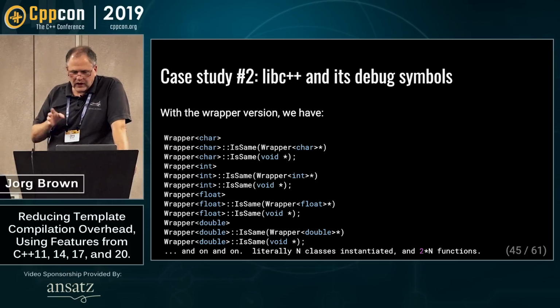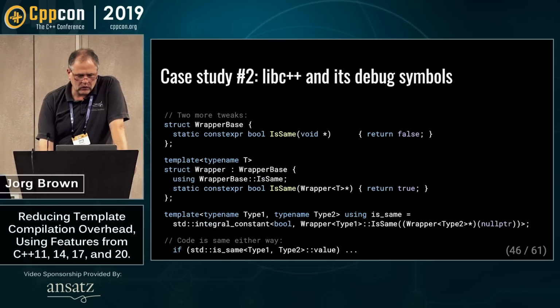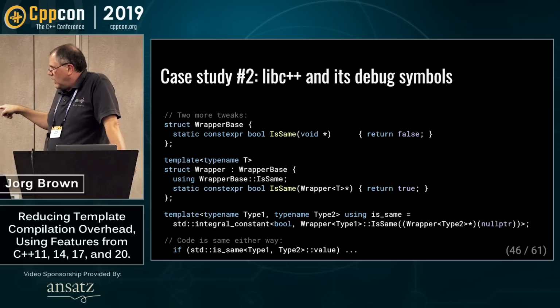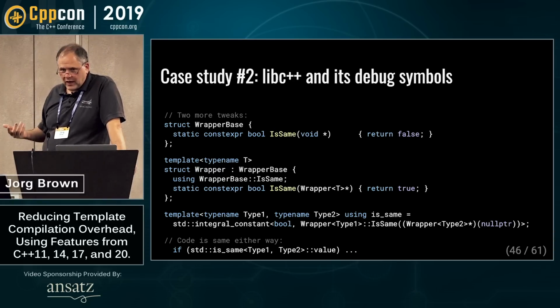If you work down this road, we can actually do a little bit more of a win. We can make a wrapper base class that does the same thing, because is_same is always exactly the same for each one of these classes. And then the new function is just is_same inside of the wrapper. We can also write a little using clause that says is_same is going to be, again, one little trick, std::integral_constant, a bool, comma, and then the fancy expression with the wrapper. std::integral_constant of bool, comma, true or bool, comma, false happens to be exactly the type that the actual std::is_same returns.